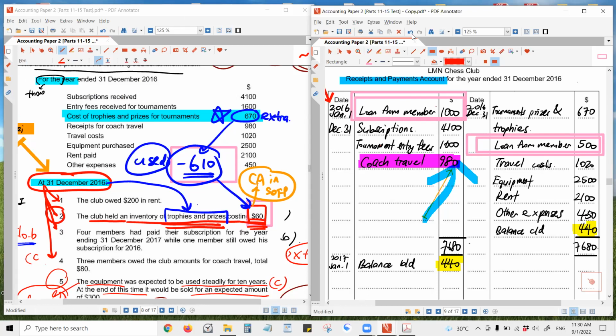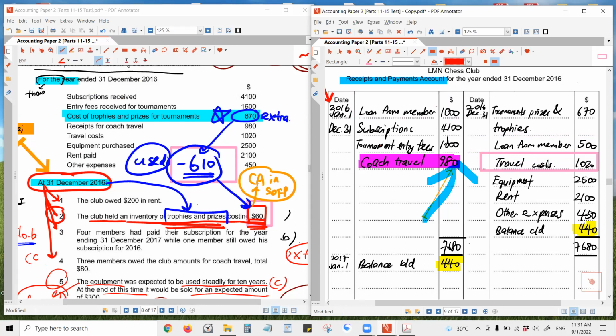Okay, travel cost. What is travel cost? You send those children to the competition, so you probably have to rent a bus, or book a bus, and then you have to pay for it.